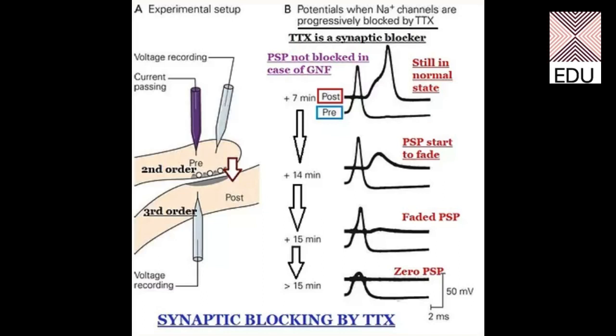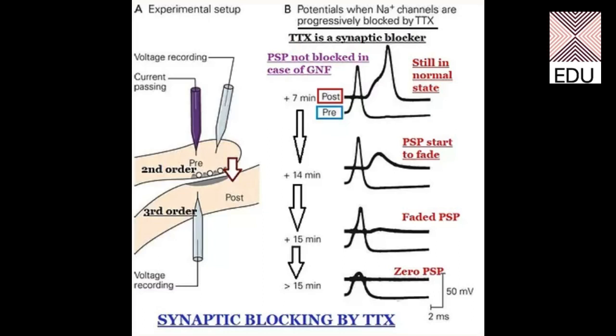Now if you take a graph after 20 minutes, we get the fourth graph, on the lower side. Here we have zero PSP. That means you administer some voltage in the presynaptic fiber, but no postsynaptic potential is formed after 20 minutes of the administration of the TTX.